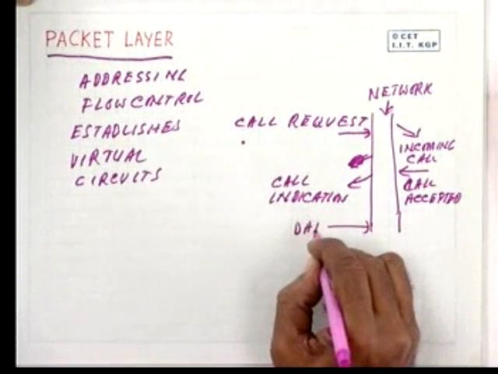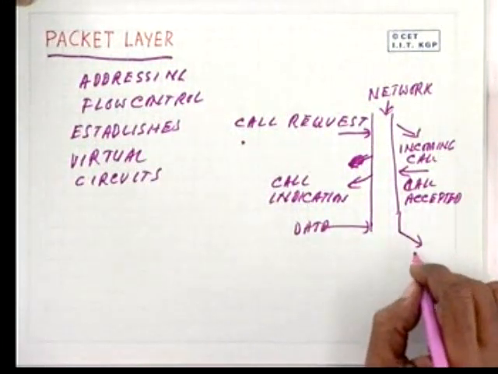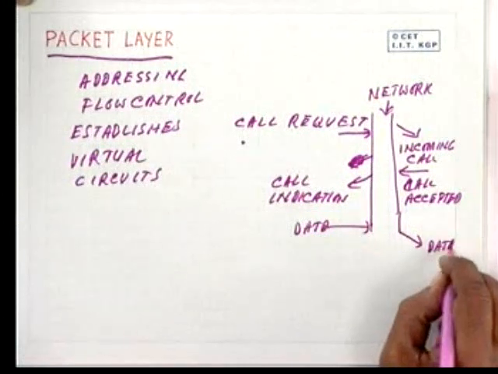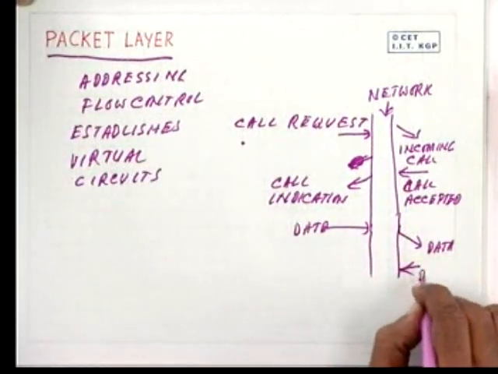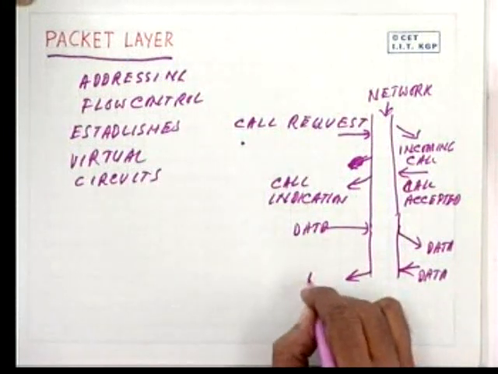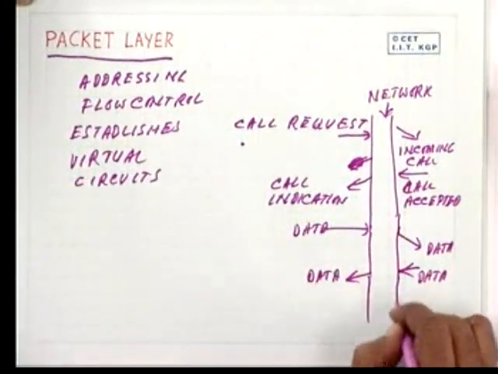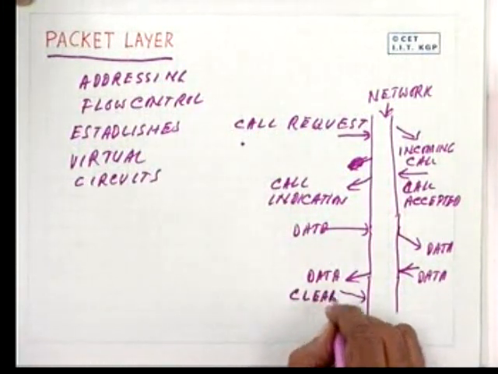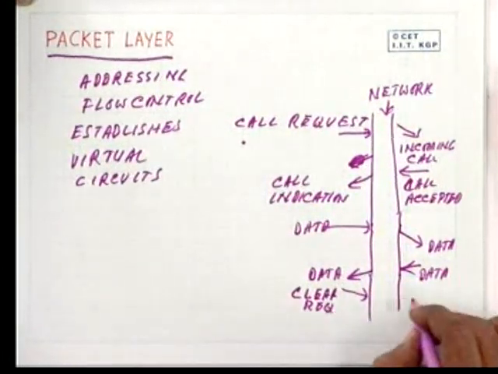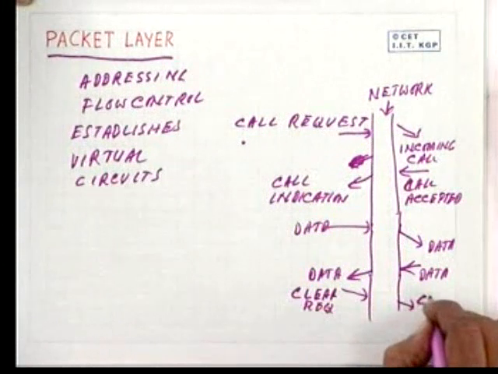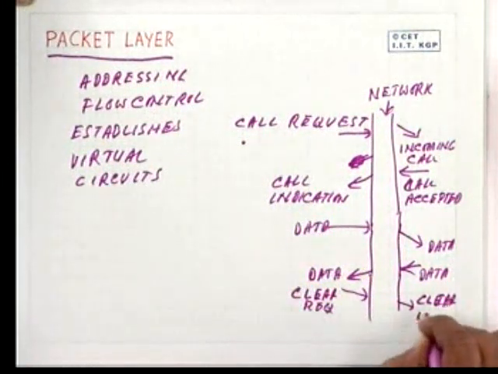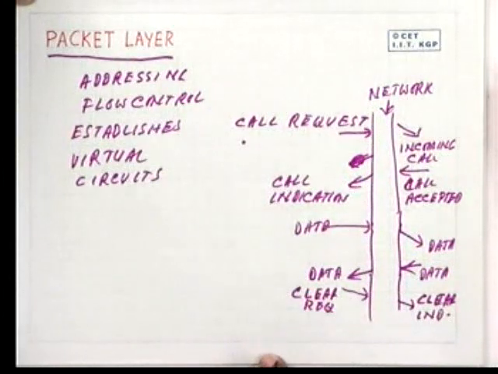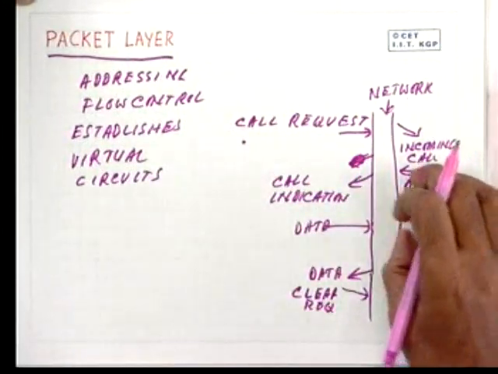It will send data, and on this side you will get data. The other side may also send data, and it will be received as data, and then it will be terminated by clear request, by sending another packet, and there will be an indication on that side, clear indication, and so on.